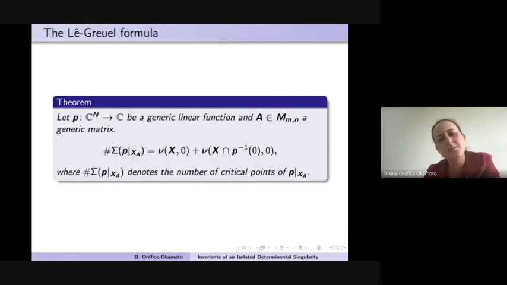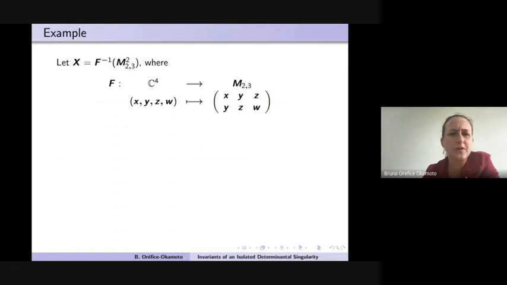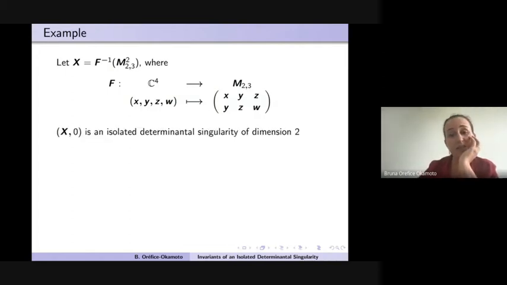I put an example. I should have put it before. I consider here X, the determinantal variety defined by this map here. So (x, y, z, w) goes to this matrix here. You will have to believe me that this is an IDS because we don't have time for this. And it's of dimension 2.